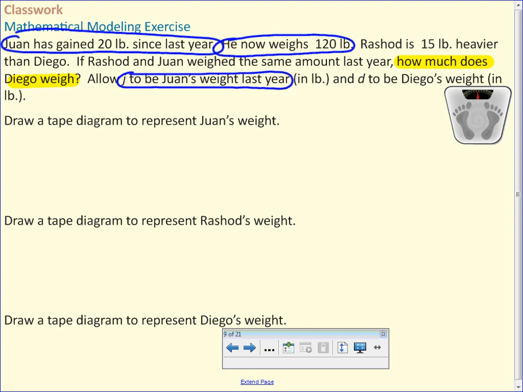So those are the three pieces of information we know about Juan. So let's think about how we're going to set up our tape diagram. Juan's weight last year plus 20 pounds equals this year, which was 120. Does anybody have an idea of how I should draw that tape diagram?